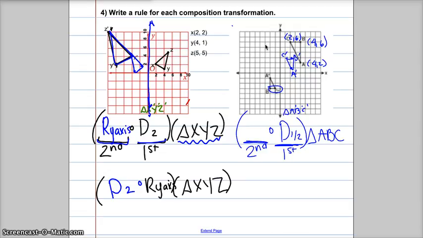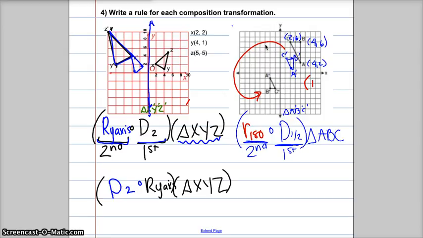Then what needed to have happened in order to get it onto this second triangle? I believe it was rotated in order to get that BC part of the triangle down to this other BC. It was rotated 180 degrees. When you rotate something 180 degrees, the ordered pairs switch.